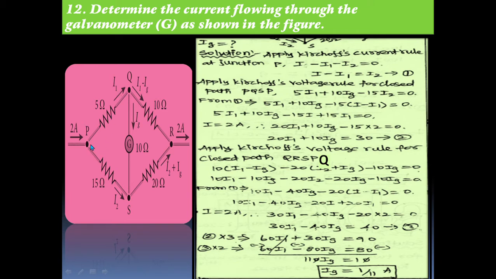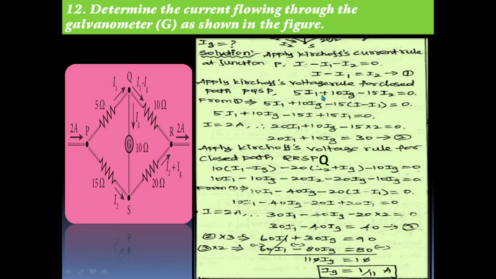So the algebraic sum of the product of the resistance and the current, for the closed path PQSP: 5 I1 plus 10 Ig minus 15 I2, because 15 I2 is the anti-clockwise direction current.